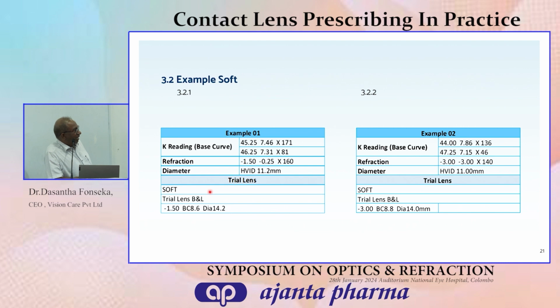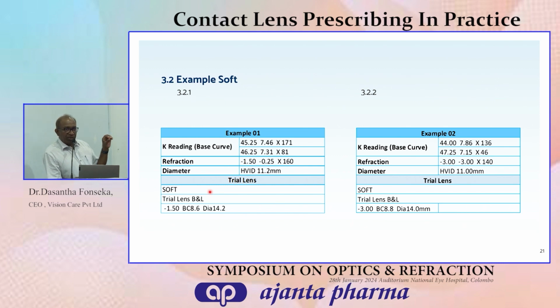Here, if it is a disposable one, we can use minus 1.50, 8.6 base curve and 14.2 diameter. Those are from the available stocks. The diameter is 14.2, while the cornea is 11.2.